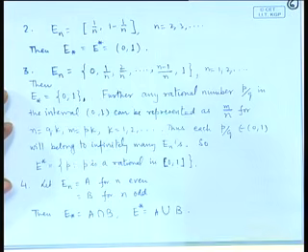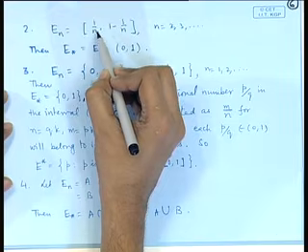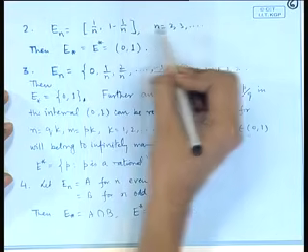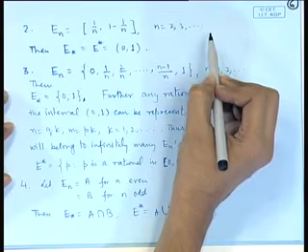Let us take another example, the sequence of closed intervals from 1 by n to 1 minus 1 by n for n equal to 2, 3 and so on.